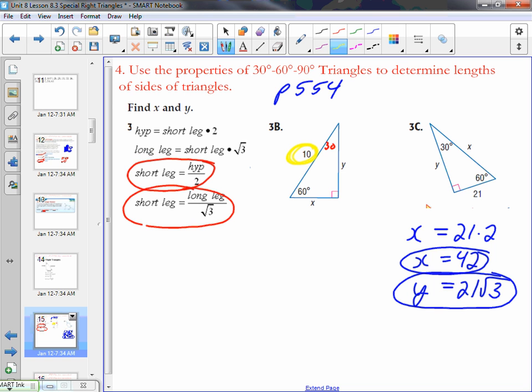So I need to find the short leg by using the equation that has the hypotenuse in it. Does that make sense? Okay. So the short leg, which we're calling x, equals the hypotenuse 10 divided by 2. And that one we can simplify. So x equals 5.